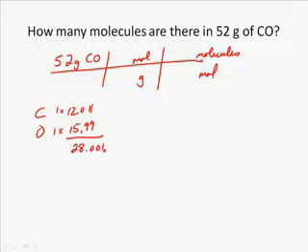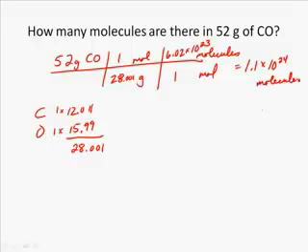That is my grams in 1 mole, and 1 mole is 6.02 times 10 to the 23rd molecules. So 52 divided by 28.001 times 6.02 times 10 to the 23rd gives me 1.1 times 10 to the 24th molecules of carbon monoxide.